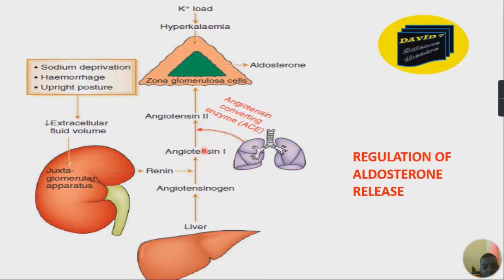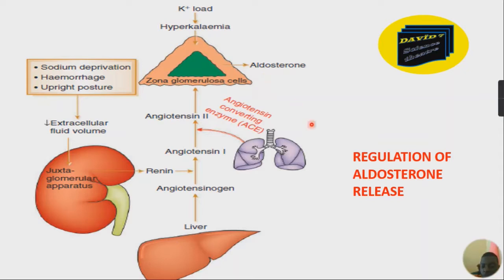Now angiotensin 1 flows through blood. When it reaches the lungs, it will be converted to angiotensin 2 by this enzyme, angiotensin converting enzyme. And angiotensin 2 has effects on the zona glomerulosa cells, where it will stimulate release of aldosterone. So that is part of the regulation of secretion of the mineralocorticoid.